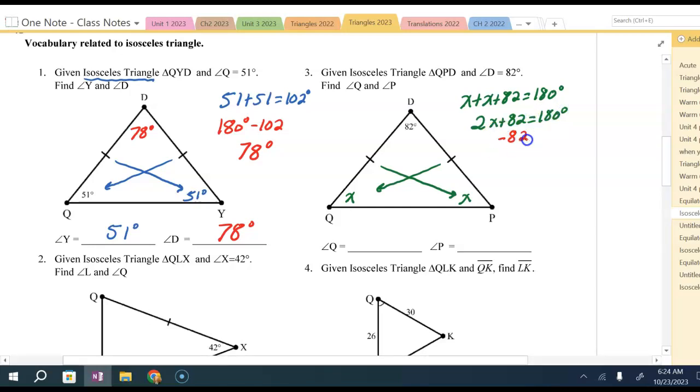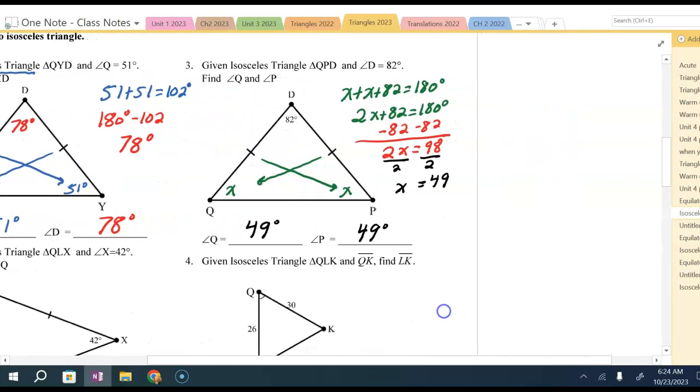We subtract 82 from both sides, and we get 2x is equal to, let me use my calculator here, 98. And then divide by 2. x is equal to 49. So angle Q is 49, and angle P is 49.